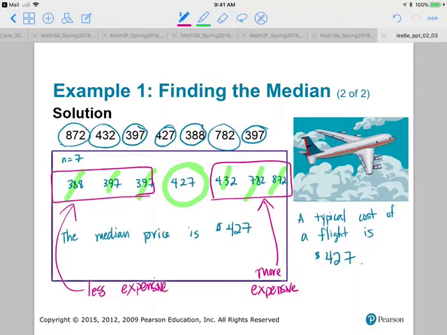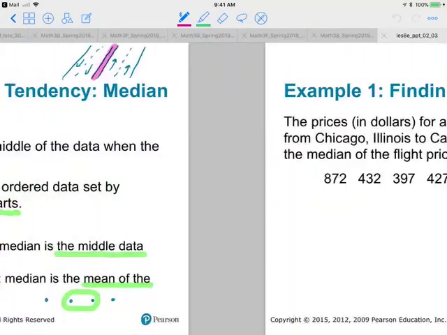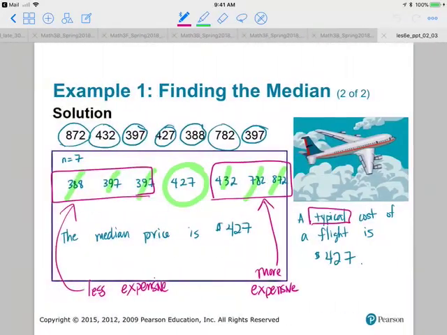And notice that it's okay to have a different answer for what's a typical value, right? So when we were working with the mean, we said a typical flight costs $527.90. Now over here, we're saying that a typical flight costs $427, right? So this is, again, a reminder that statistics is different from the math that we're used to, where there's only one correct answer.